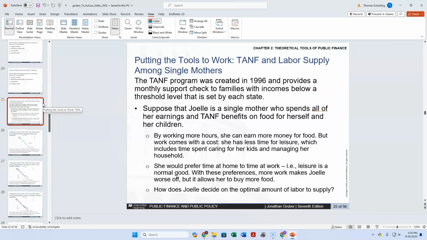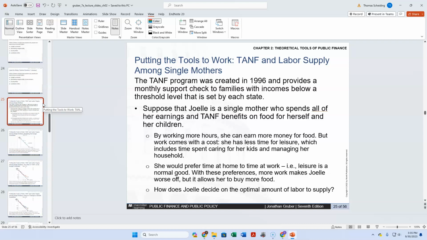It's going to mean that she has less time at home, obviously, but it could also affect the limit level for TANF. It could limit how much she's willing to work because she doesn't want to lose her TANF benefits. So it raises this question, whether she's earning these TANF benefits or not, of how much labor she is going to be willing to supply.